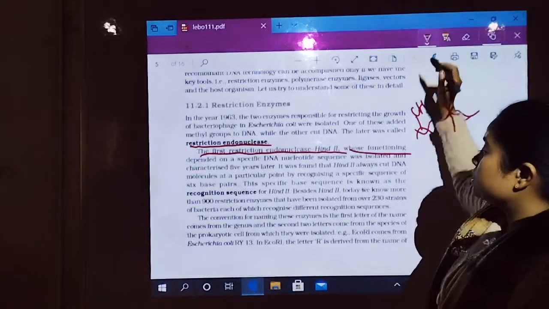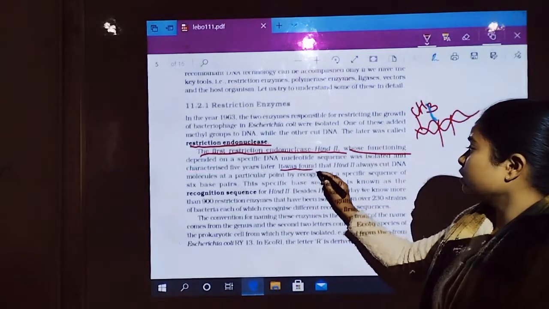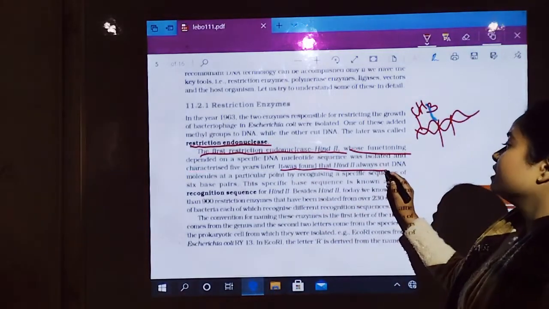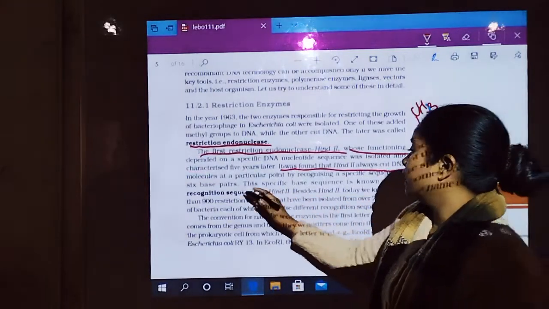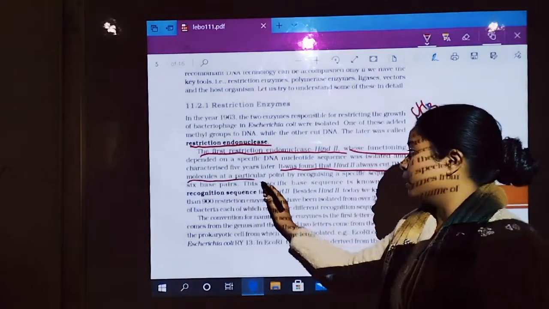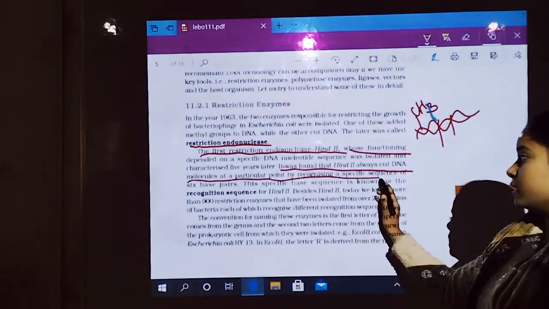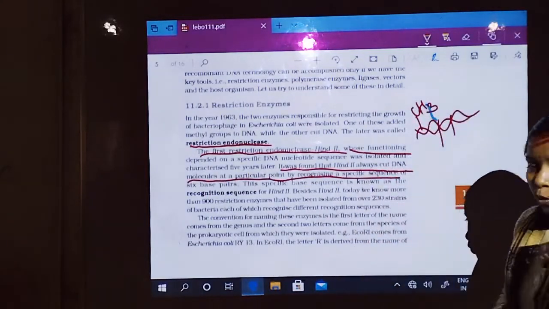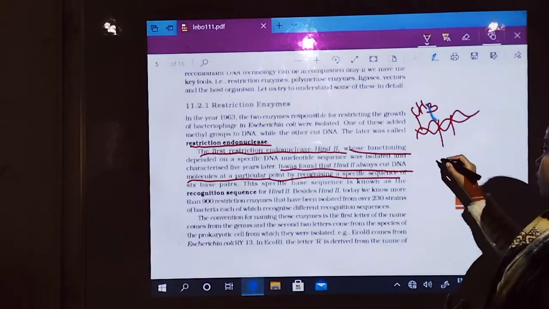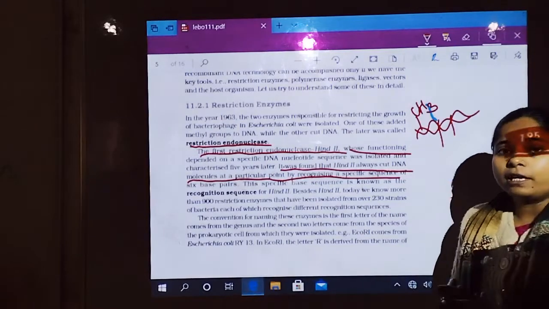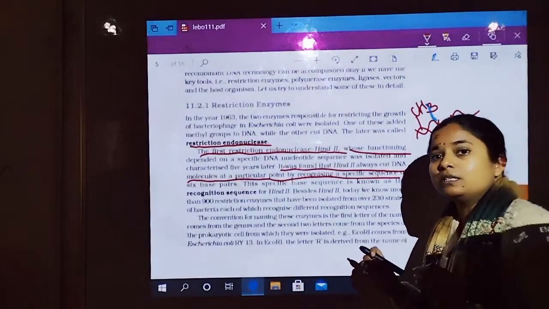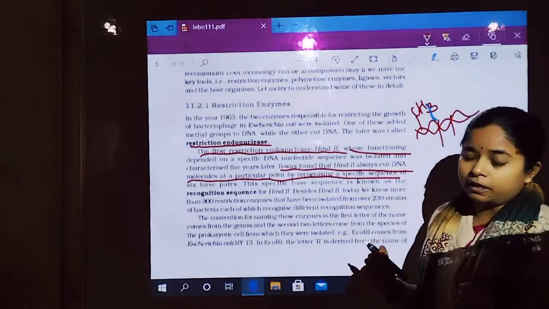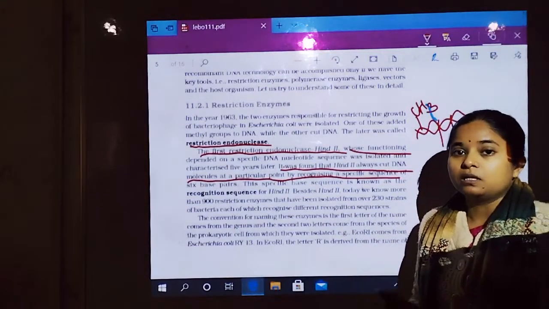It was found that HindII always cuts the DNA molecule at a particular point by recognizing a specific sequence. So what is the meaning of this point? Restriction endonuclease enzymes cut the DNA molecule at a specific site which is formed by 6 base pairs.